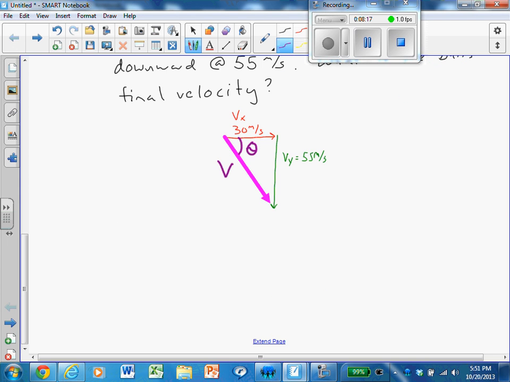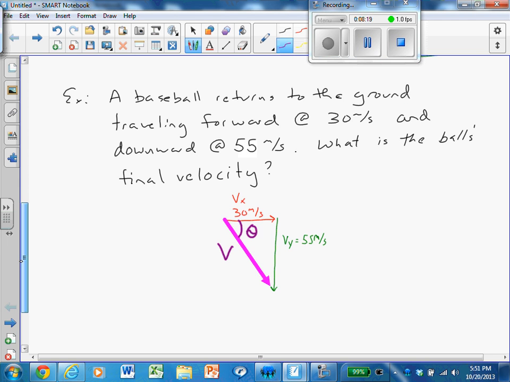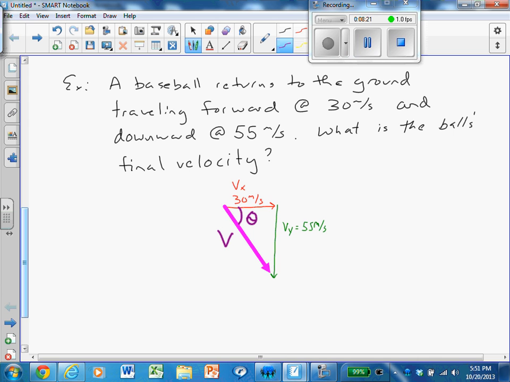Now, to find v, can you see what we'll use since x and y are at 90 degrees to each other? Right, the Pythagorean theorem. So v squared is equal to vx squared plus vy squared. So v squared equals 30 meters per second squared plus 55 meters per second squared.